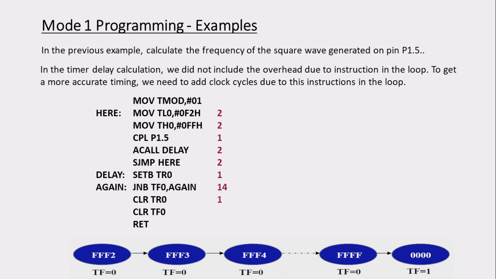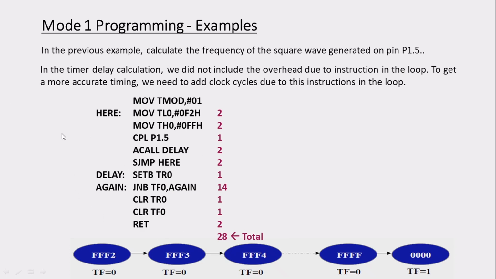And then clear TF0 takes 1 clock cycle, and return takes 2 clock cycles. Now if I add up all these values, I'll be requiring 28 clock cycles to complete this whole loop.